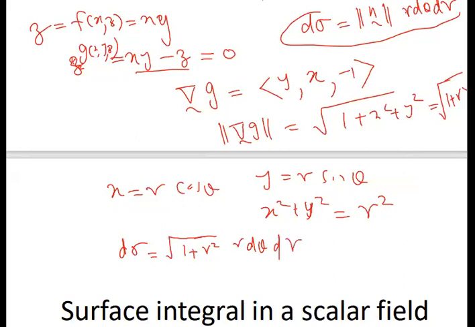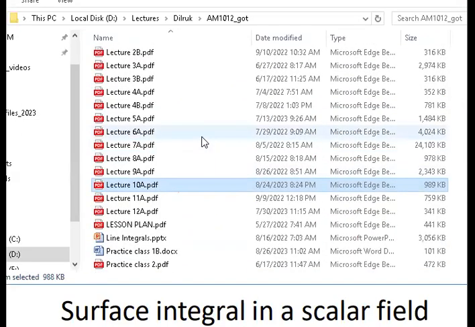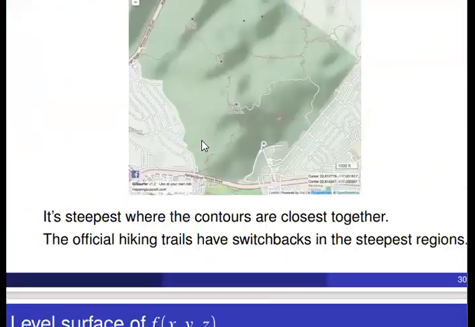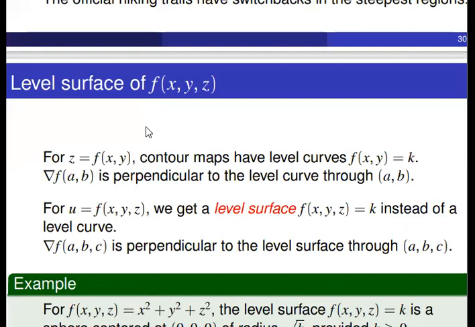So now you know this one. Don't you remember the theory? A level curve: if f is two-dimensional, you get a level curve; if it is three-dimensional, you get a level surface.